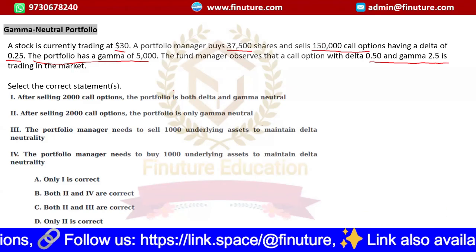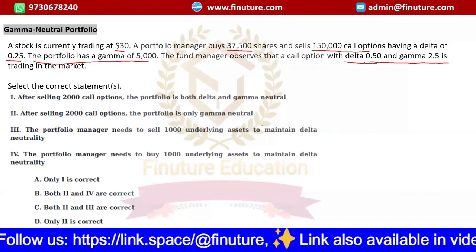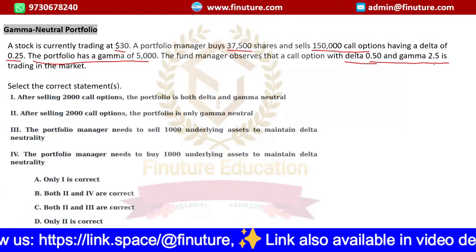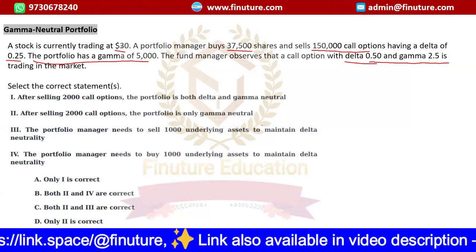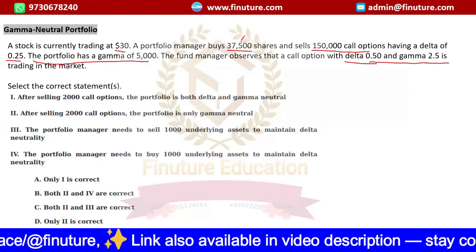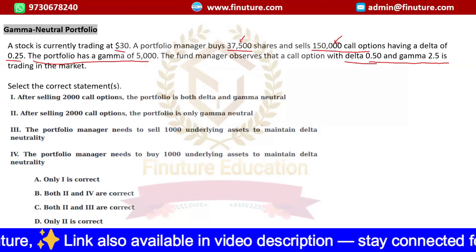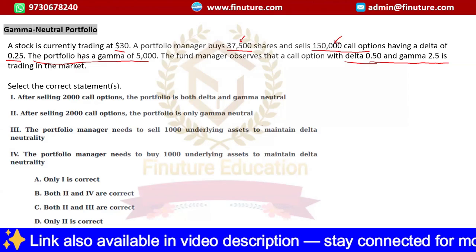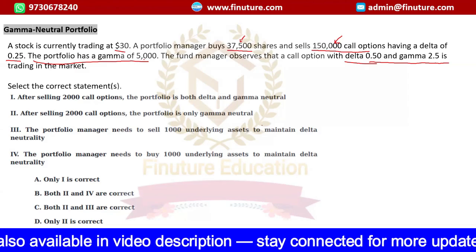Now again you have an option which has a delta of 0.5 and gamma of 2.5. Your current stock is 30, and the portfolio manager has bought these many shares and sold these many options. This portfolio has a gamma of 5,000.